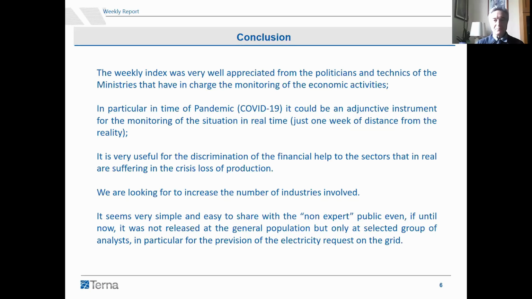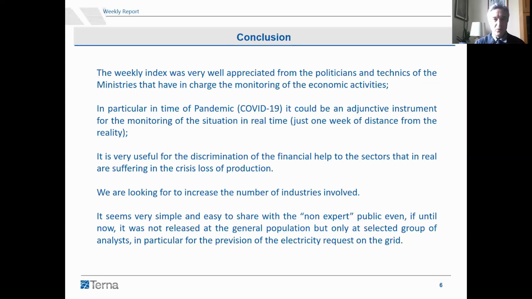So it's a good instrument to monitor the situation in real time, because the delay from the situation is just one week, and week after week we can monitor it. It's very useful for deciding the financial help the government has to give, identifying the areas of the economy suffering most from the crisis and loss of production, and so it's useful for taking decisions.